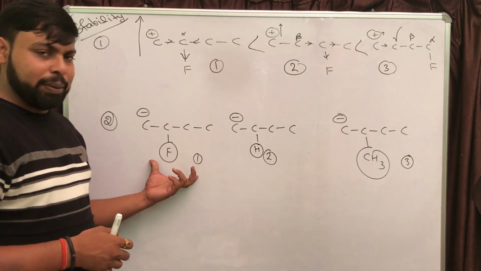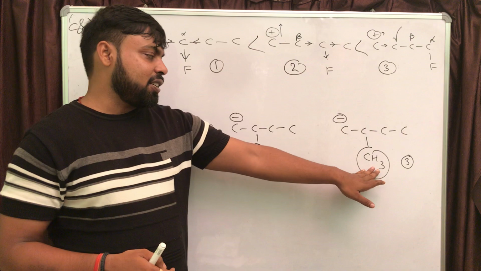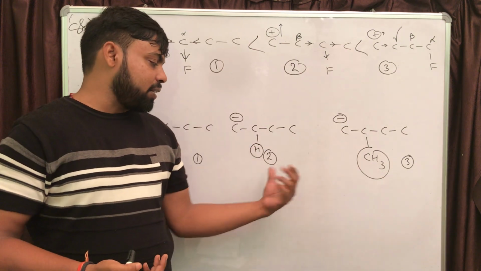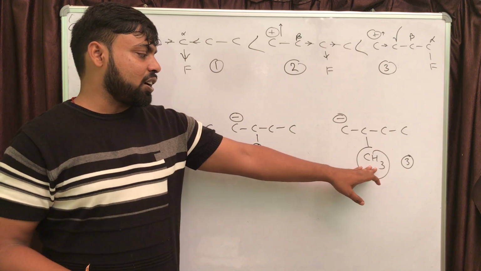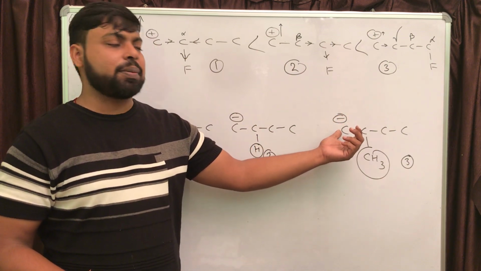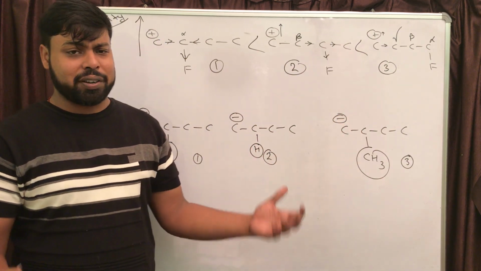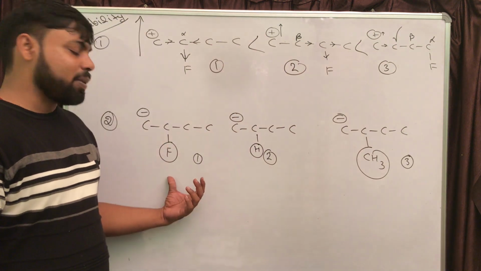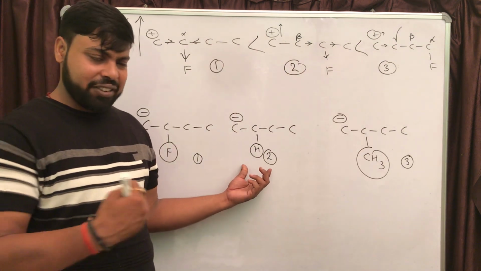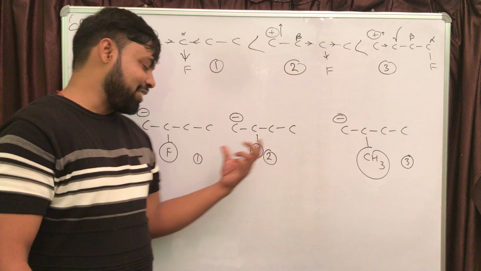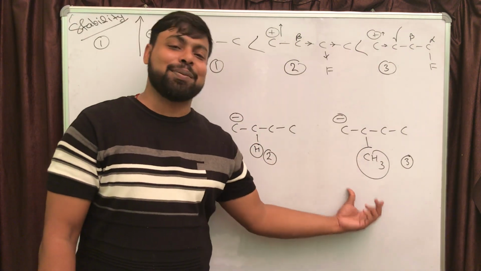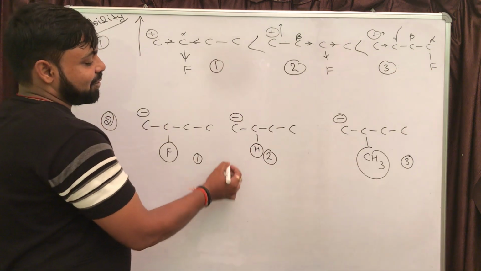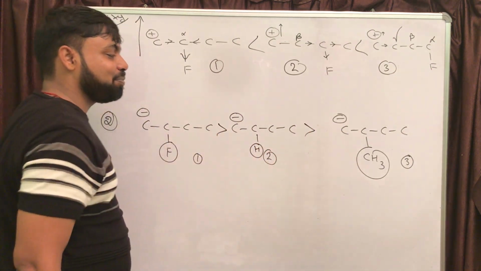So first one will be more stable. And the nature of CH3 with respect to hydrogen is electron donation. So electron donating group is going to destabilize the negative charge, and hydrogen is what? Reference. So most stable is first one, then hydrogen reference, then destabilize. Stabilizing group, reference group, and then destabilizing group. So correct answer for this question is 1, 2, 3, right?